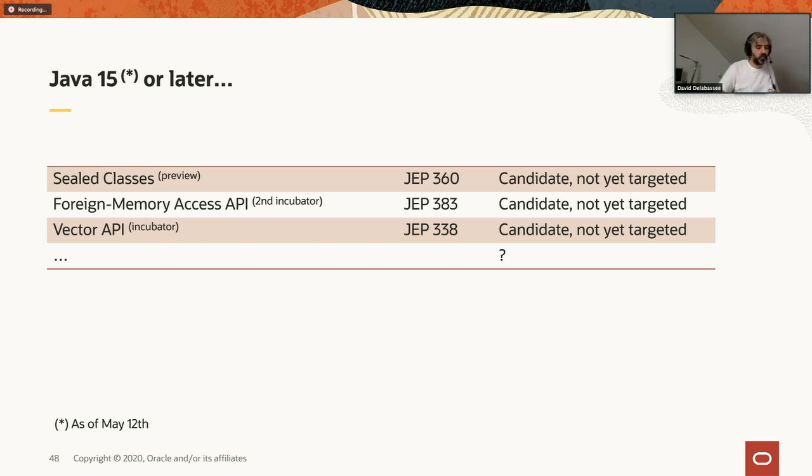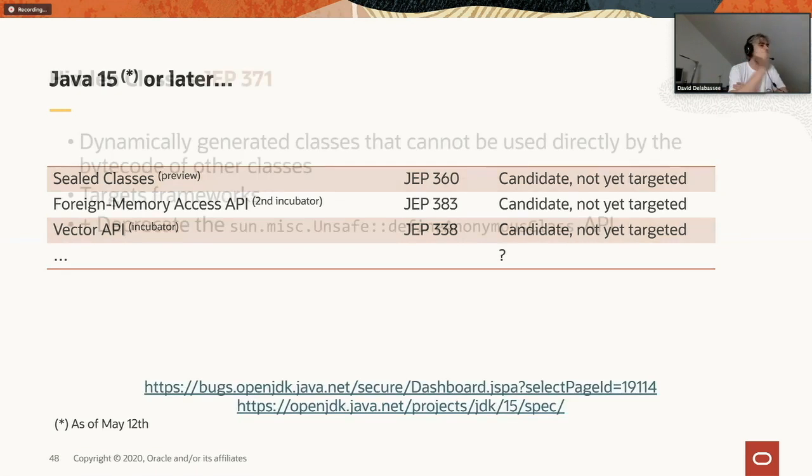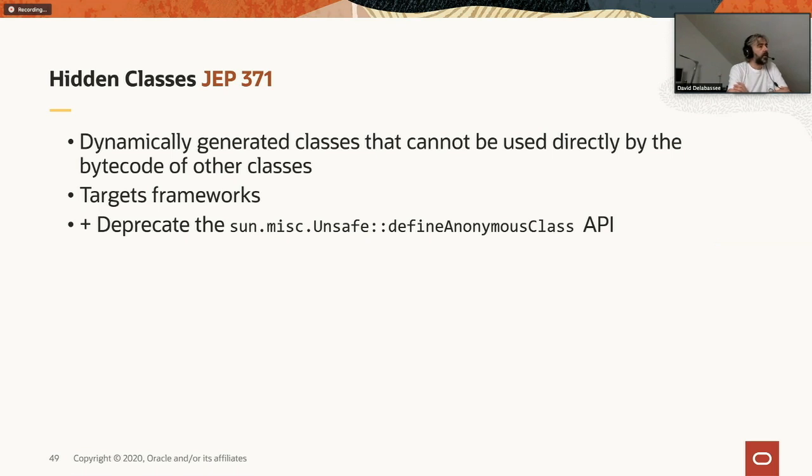So I'm going to very quickly discuss hidden classes and sealed classes, which are often confused. A hidden class is something that has been specifically done for framework developers. Frameworks have this habit of dynamically generating classes and using those classes through reflection.